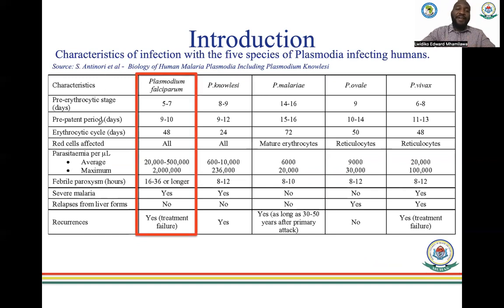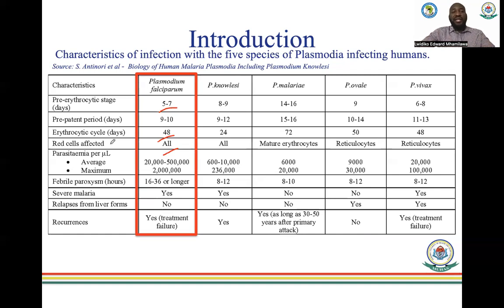The one that affects mostly humans and is much more severe is the Plasmodium falciparum parasite, which has a pre-erythrocytic stage of up to 5 to 7 days, and before it starts to cause havoc in your red blood cell circulation, which happens within up to 14 days, the erythrocytic cycle can continue until you die if you're not treated, and usually affects all red blood cells, irrespective of whether they are young, matured, or reticulocytes.